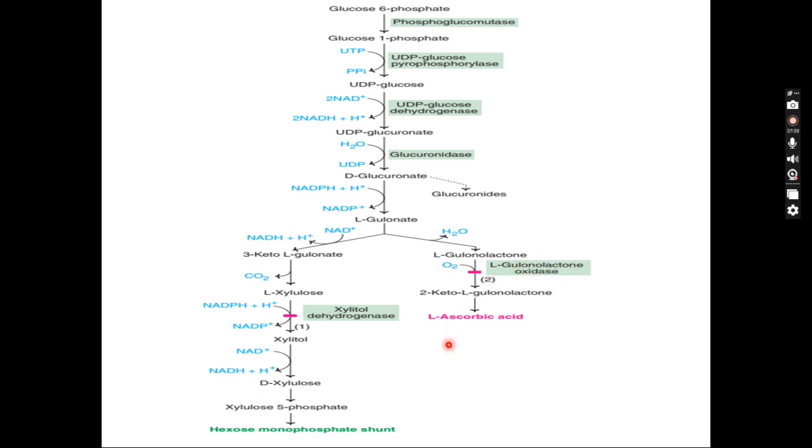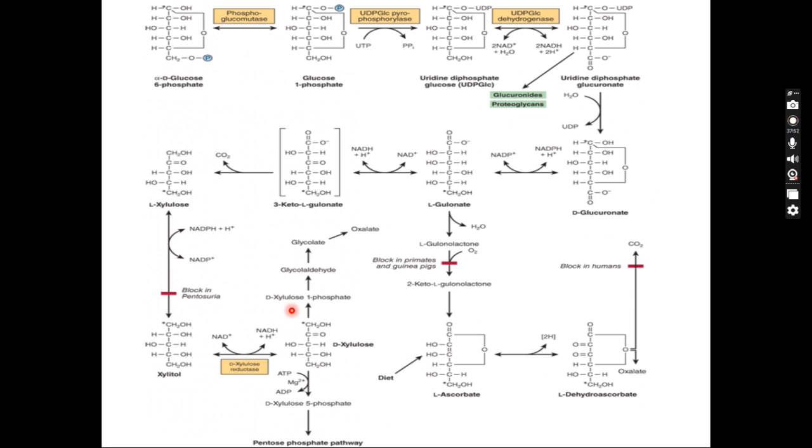But those that have the gulonolactone oxidase, the gulonate will go on and produce vitamin C, which is ascorbic acid. So this diagram is the same as the one that I was just talking about, just that it's indicating everything starting from glucose 6-phosphate until the end.